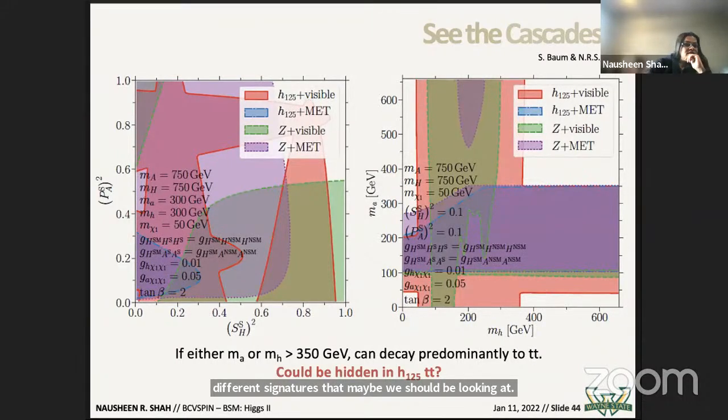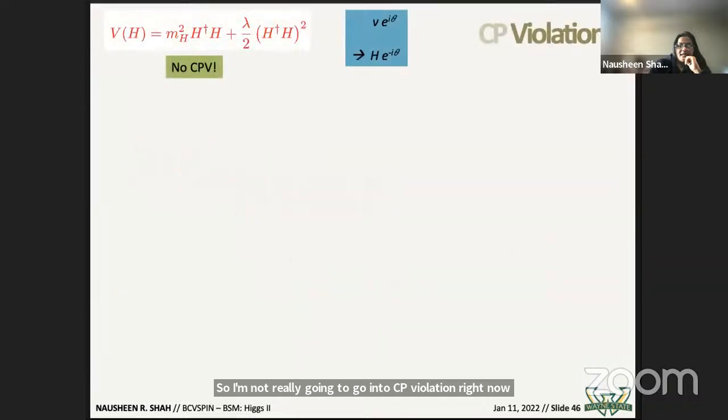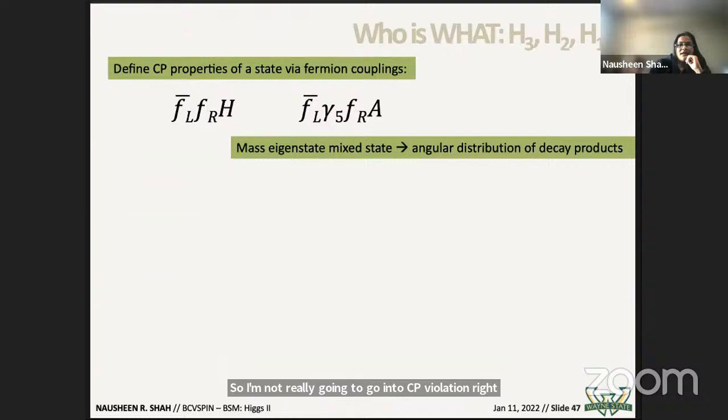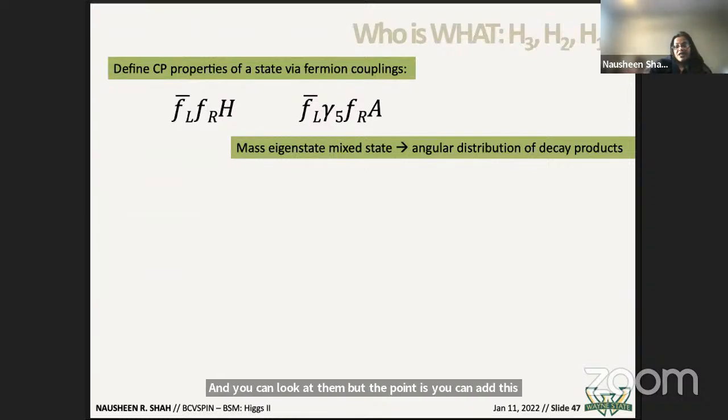So I'm not really going to go into CP violation right now in the interest of time, but again, I'll have my notes up so you can look at them. But the point is, you can add the CP violation to this 2HDM that I just talked about. And now all of the states are going to be mixed and not have definite CP eigenstate.